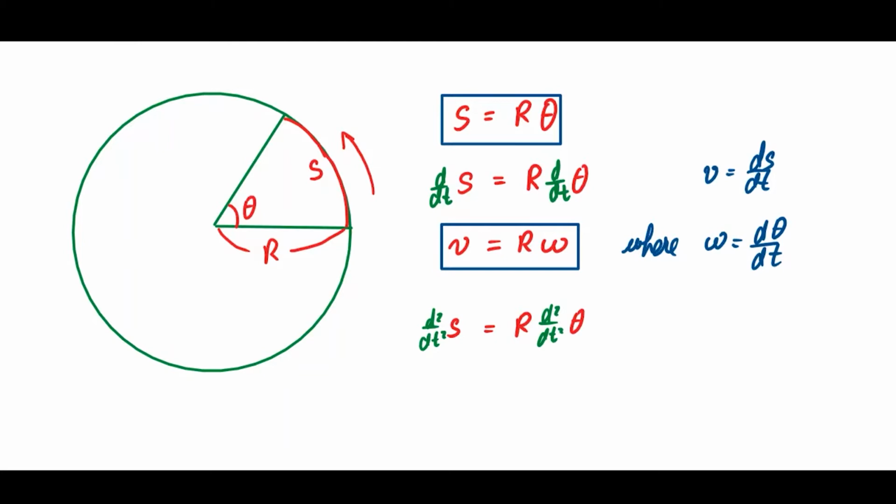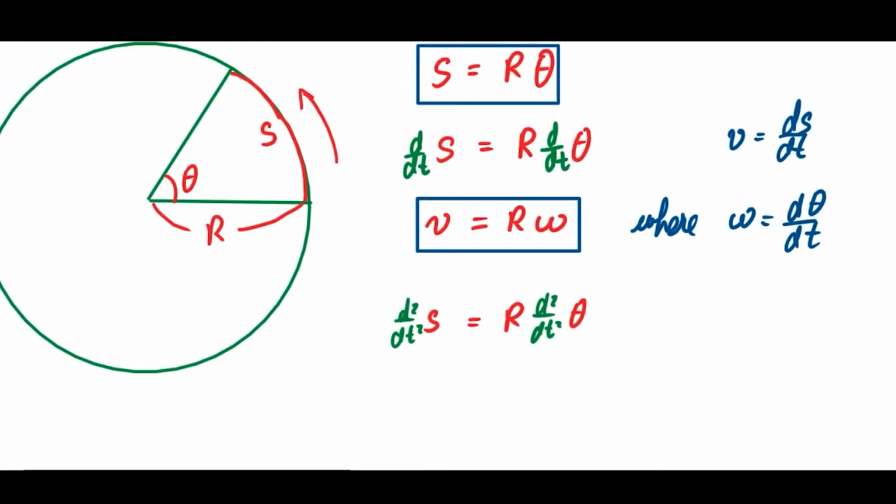Then guess what the second derivative of the distance thingy, the arc length, is? That's of course acceleration, isn't it? From our physics, that's known as the linear acceleration, and this is known as alpha, and alpha is the angular acceleration. Okay, so change the color and let's box that in. This is a big deal, the definition.